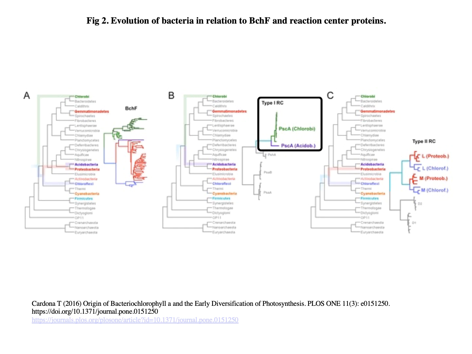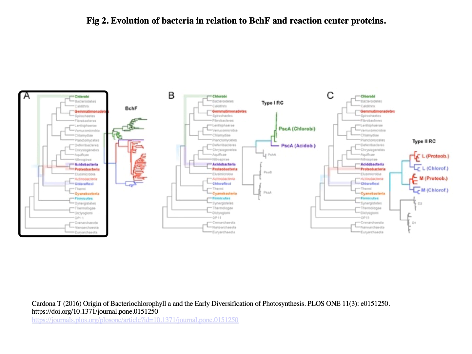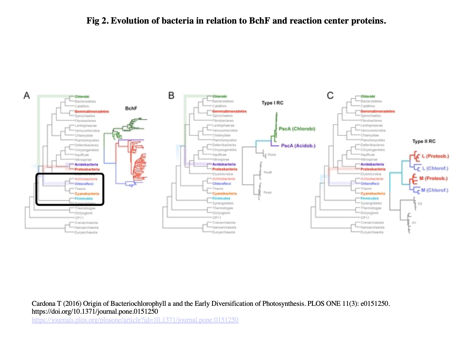Whereas for reaction center 1, Chlorobi and acidobacteria are very close together, while for reaction center type 2, proteobacteria and Chloroflexi, which are a diderm and monoderm respectively, are very close together. And all the time in this background phylogenetic tree, you can see that cyanobacteria is fairly close to Chloroflexi, a monoderm, as well as the Firmicutes, which are also monoderms.